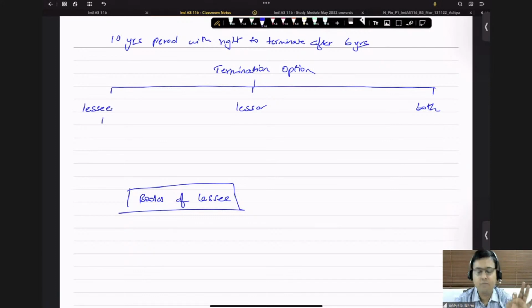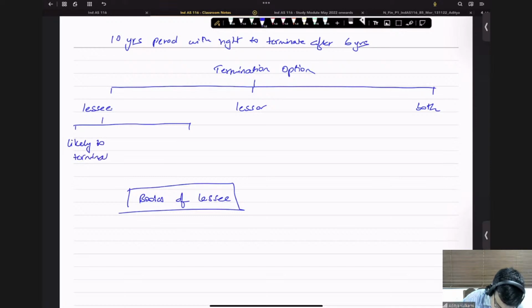Understand, I am in the books of lessee. I have to decide what the lease period is. The termination option also is with the lessee only. So it is a simple understanding. You ask yourself the question: is it likely that you are going to terminate the option?